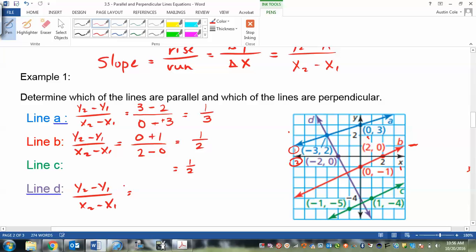I'm going to do this kind of quick. I'm going to do 0 minus 2, and then I'm going to do negative 2 minus a negative 3. Minusing a negative is plus. So my answer then is going to be, what here, negative 2 over positive 1.